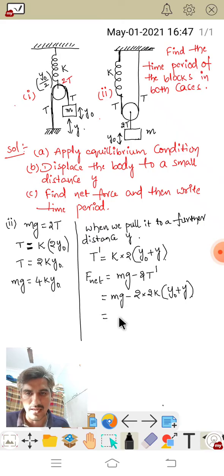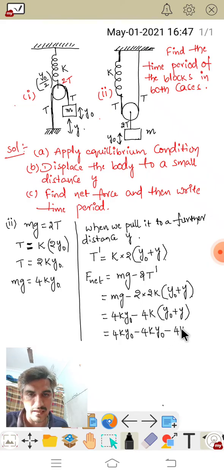What is mg here? mg is equal to 4k y naught, no? So 4k y naught minus 4k into y naught plus y, which can be written as 4k y naught minus 4k y naught minus 4k y. Therefore, 4k y naught minus 4k y naught gets cancelled.